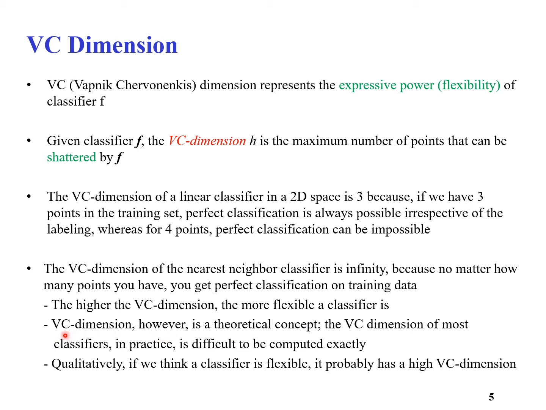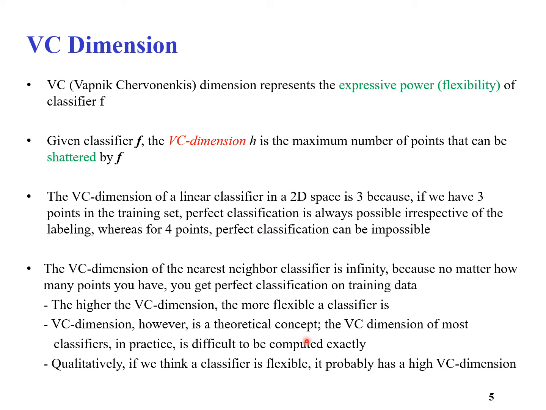However, this Cauchy dimension is actually a very theoretical concept, and for most classifiers, the dimension is very difficult to compute exactly. For the case of the linear classifier, we could easily compute its dimension, which is 3.